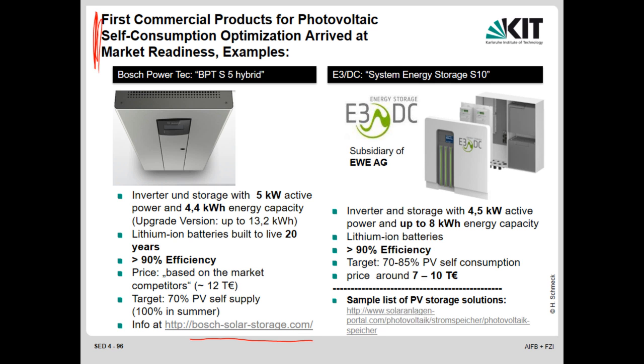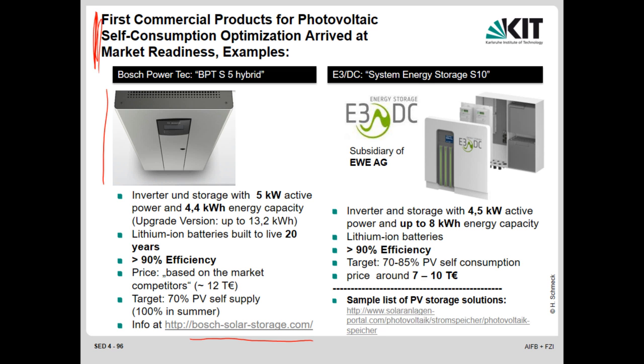Because so far these devices are still quite expensive. And as long as it is more expensive to get power from your rooftop, not sell it to the grid, but use it yourself, but put it first into a battery and then take it out again, you have this extra investment also in the battery. And now it takes quite some time before that pays off because these batteries are still quite expensive.